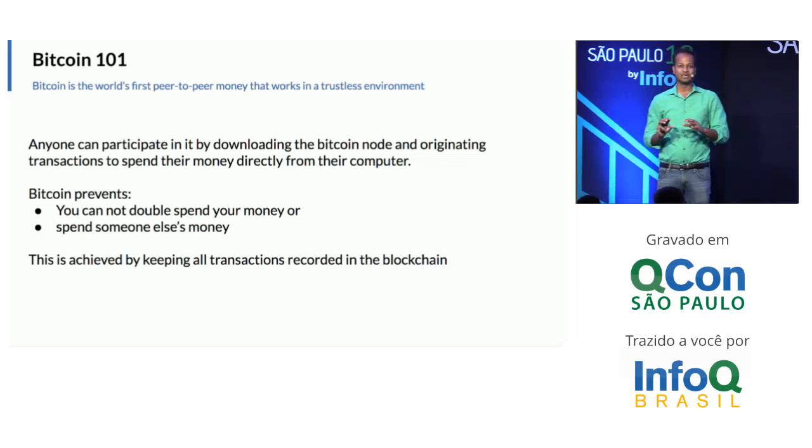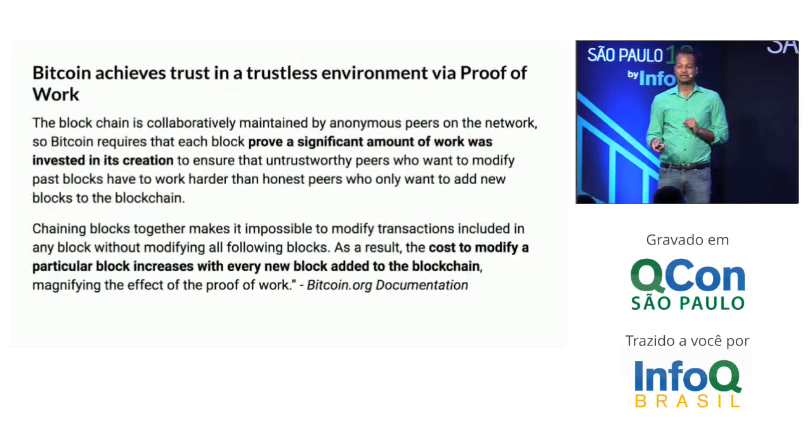In order for me to spend someone else's money, or to spend my own money again, I would have to go back and change that blockchain. And to change that blockchain is incredibly hard because the Bitcoin nodes are doing what is called proof of work. You can think of it as the Bitcoin nodes spending energy in order to insert transactions in the blockchain.